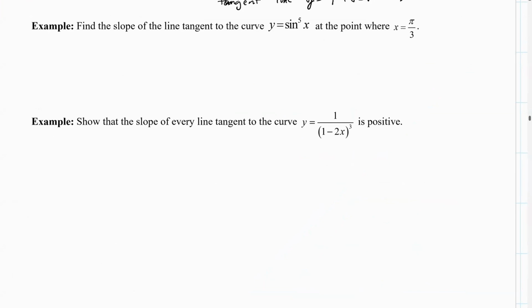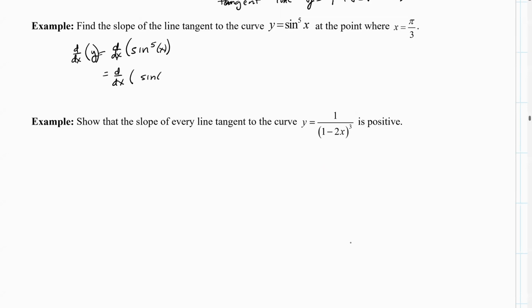Find the slope of the line tangent to the curve y equals sine to the fifth x at that particular location. All right, so let's take the derivative with respect to x of both sides of that equation. And I really hate this notation because it makes it difficult to see what's the outside function.